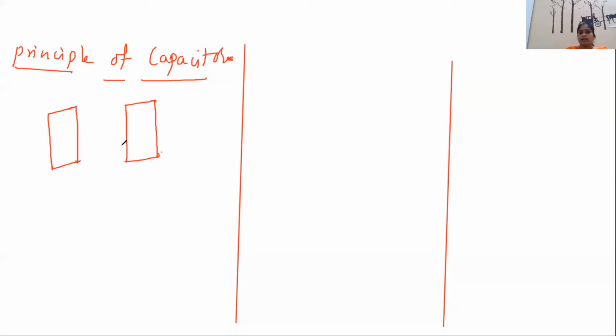But when two conductors are taken, one conductor should be charged. So let us suppose a positive charge exists on this conductor on either side. Now there is some gap and you bring the second conductor close to the first charge. So now they are placed in this way.